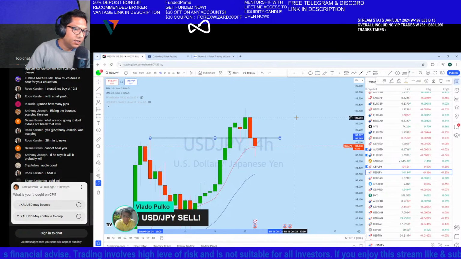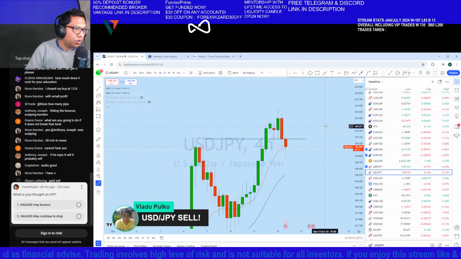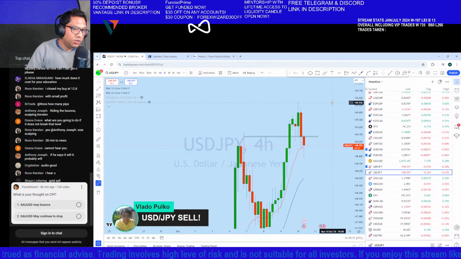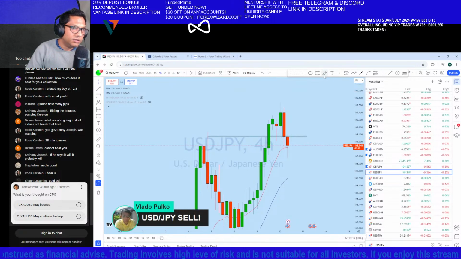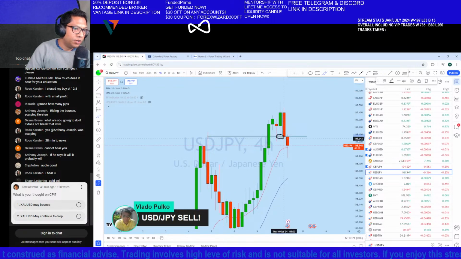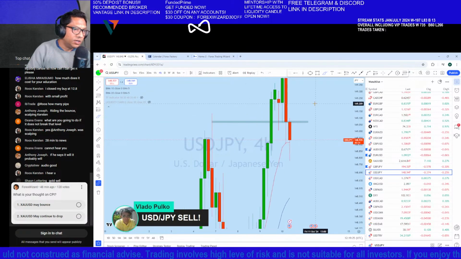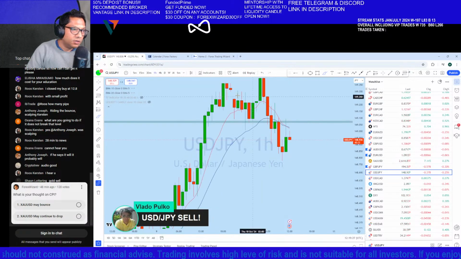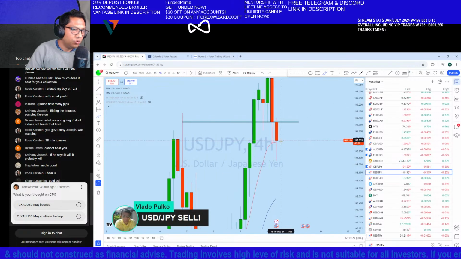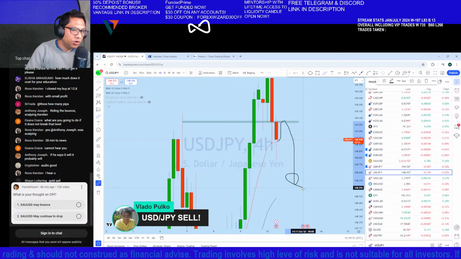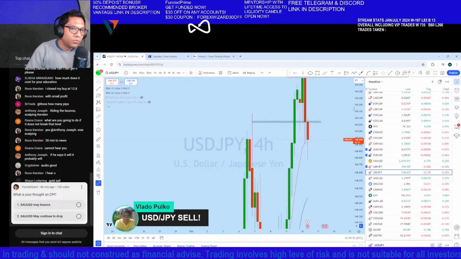We can see a resistance line on the 4-hour, a significant level of support which is turning resistance. With that resistance, we can expect the market to retest and then revert back again to the support level.